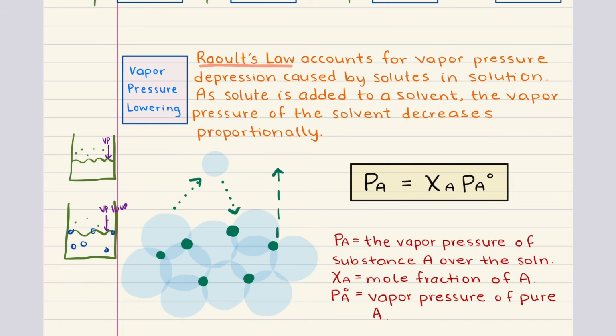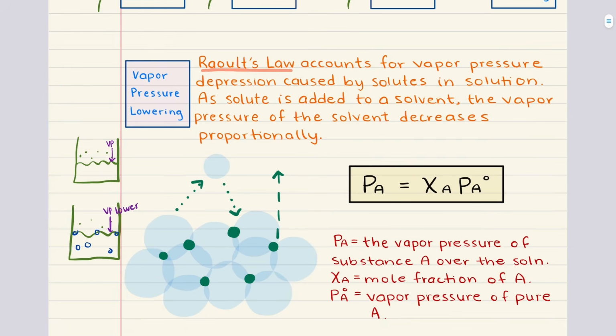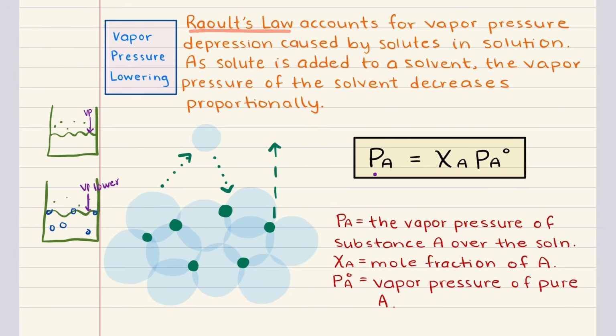This is the microscopic picture that I want you to keep in mind. Now, Raoult's law expresses this idea in a very simple way. For a volatile component A, the vapor pressure of A above the solution equals its mole fraction in the liquid multiplied by the vapor pressure of pure A at the same temperature.